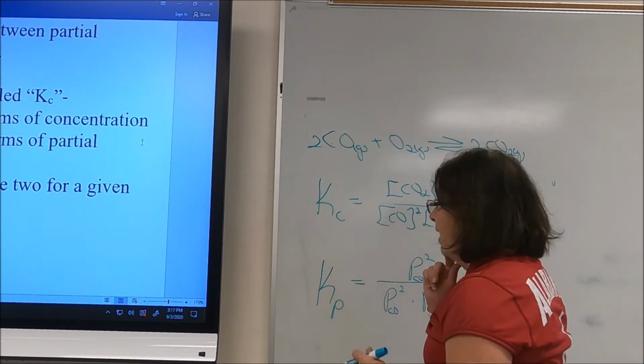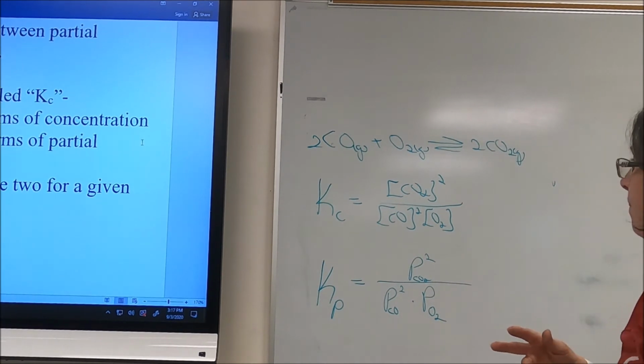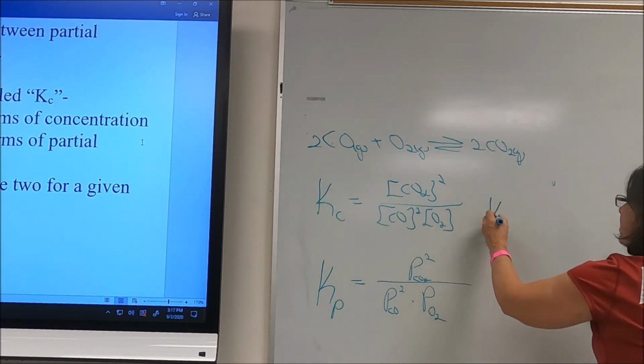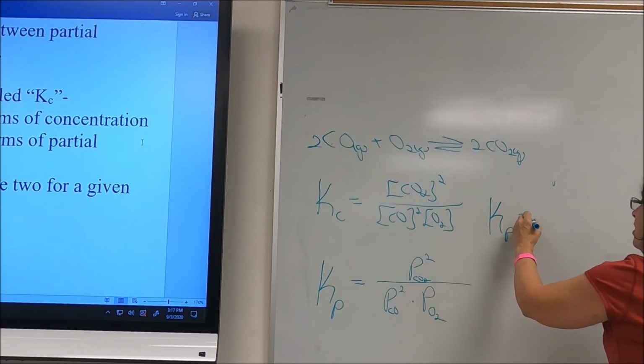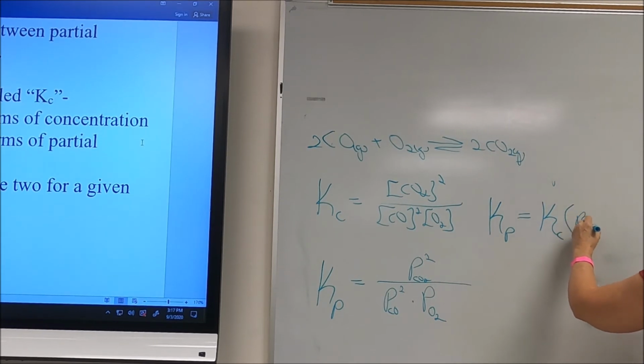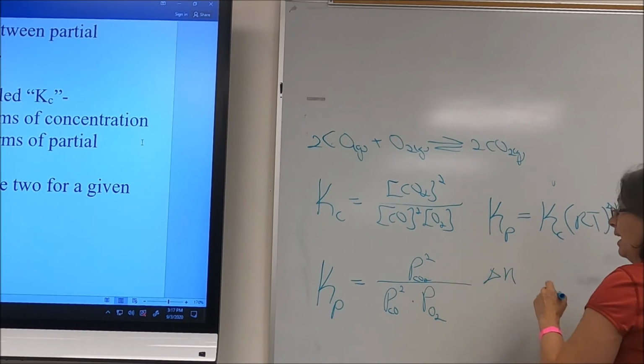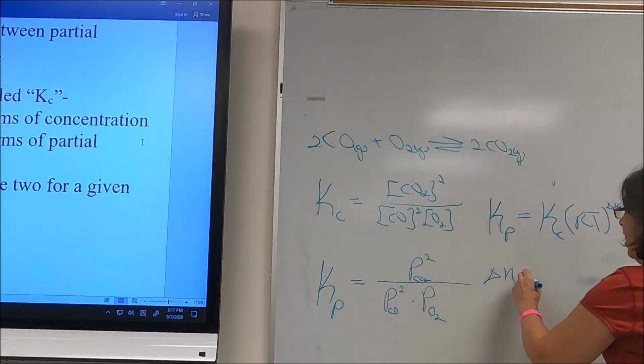Now, there is a relationship between Kp and Kc. Namely, the equilibrium constant in terms of pressure is equal to the equilibrium constant in terms of concentration times RT to the delta n. Now, n always represents moles for us.